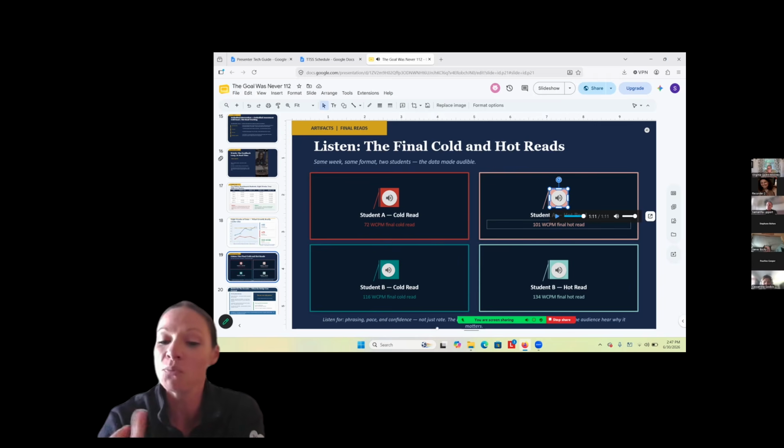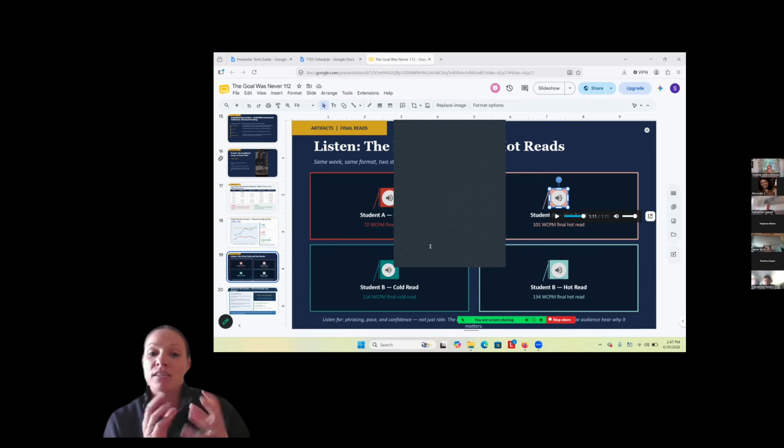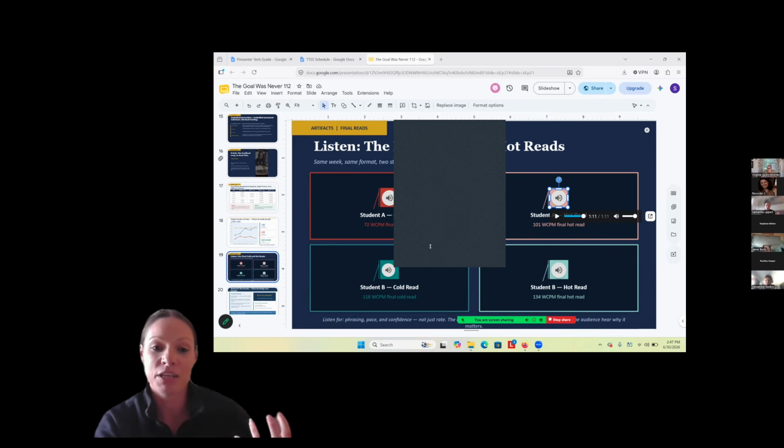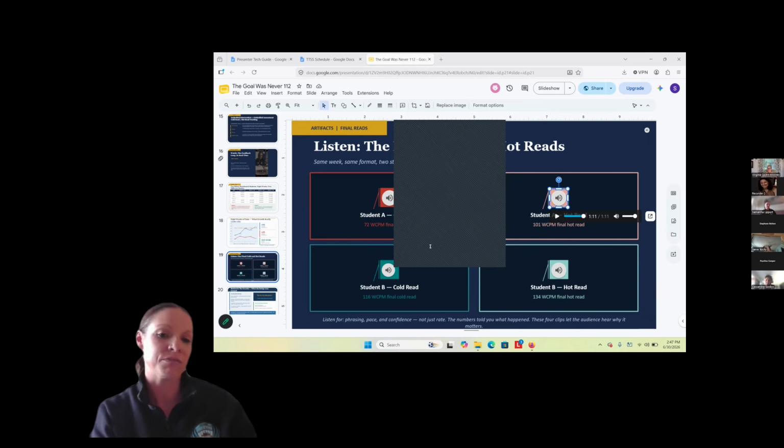Okay, so now what did you notice this time between those two reads for her? For me, I noticed that she was very, very reluctant at the beginning of her cold read. She was kind of stuck, like she was really struggling. And if you listen to her cold read, you would almost wonder if she couldn't decode the words in front of her.